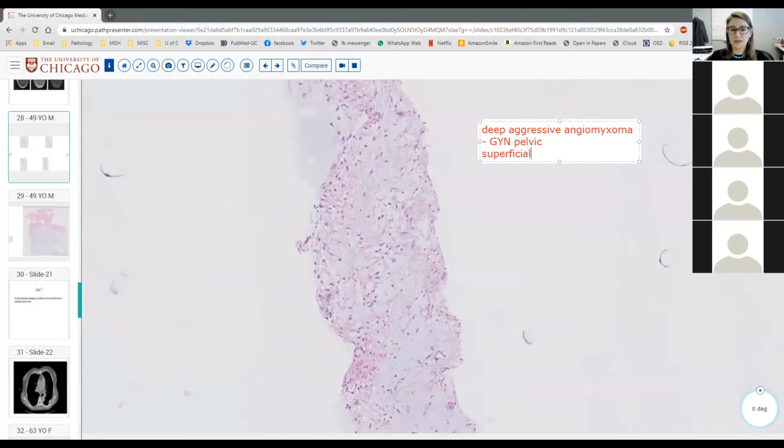Then there are the superficial angiomyxomas, these cutaneous lesions of the digits, very much subungual or peridigital things, which are a whole different ball game. Again, not in the deep intramuscular soft tissue.